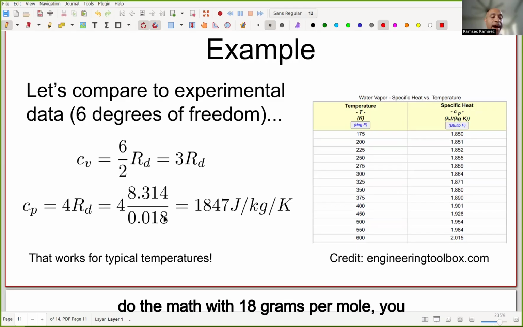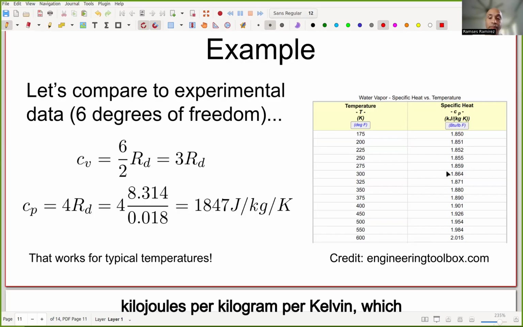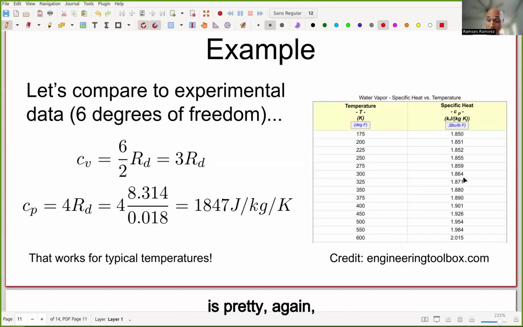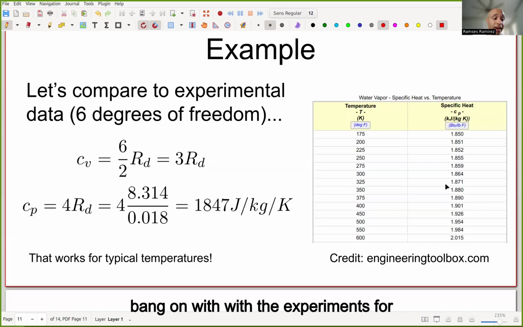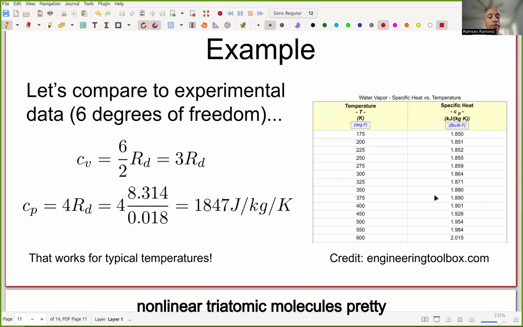And when you do the math with 18 grams per mole, you get something like 1.85 kilojoules per kilogram per Kelvin, which is pretty much bang on with the experiments for room or typical temperatures, which is great, right? That works for typical temperatures. It seems to suggest that we understand nonlinear triatomic molecules pretty well.